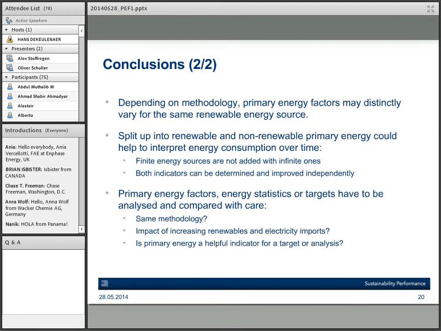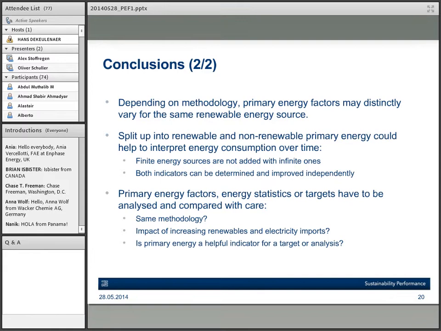And then for the conclusions, we have seen that depending on the methodology and the type of primary energy, there can be very different primary energy factors for the same renewable energy source. So if I don't define how it should be calculated, people choosing different methods can get very different results.